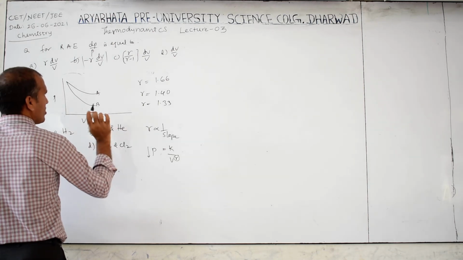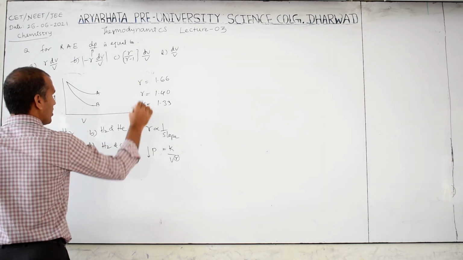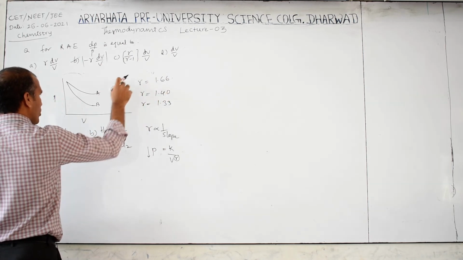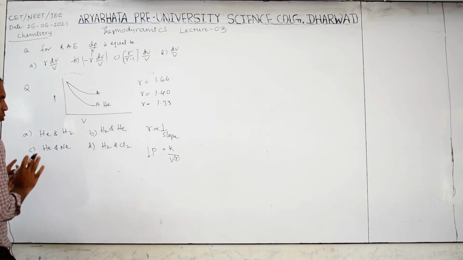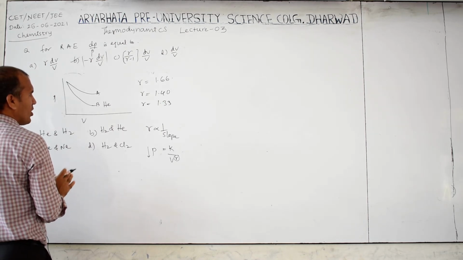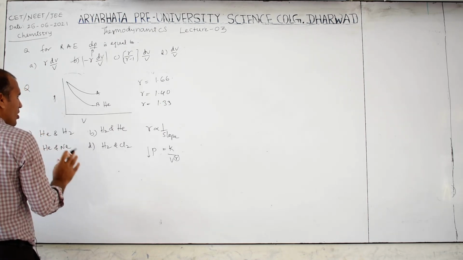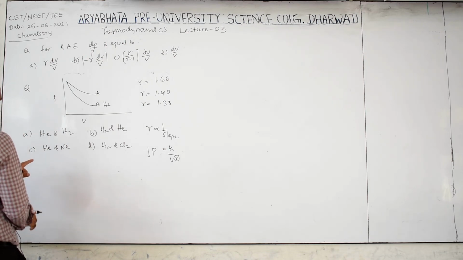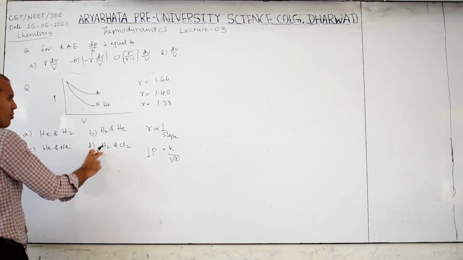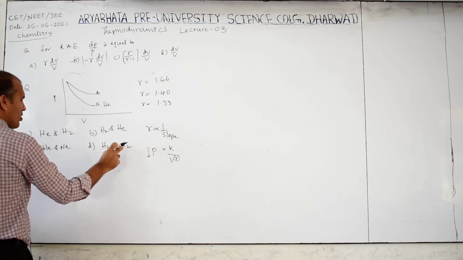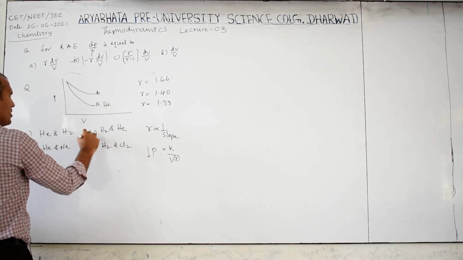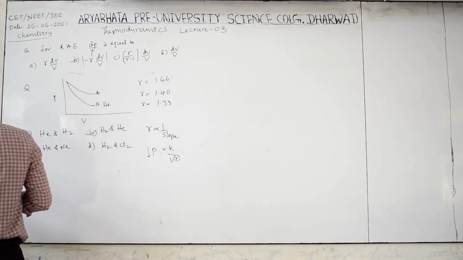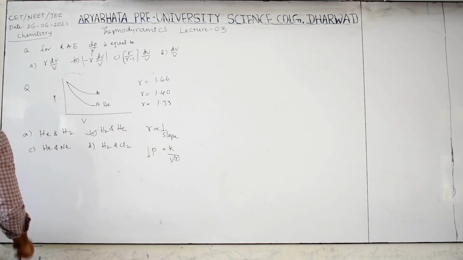Helium's gamma is greater. So when gamma is high, pressure should be lower, which means this is helium, because the second one is monoatomic and the first one is diatomic. If both were diatomic, both lines should be equal in this case, but one is lower and the other higher, which means option B is correct. So like this you have to answer.